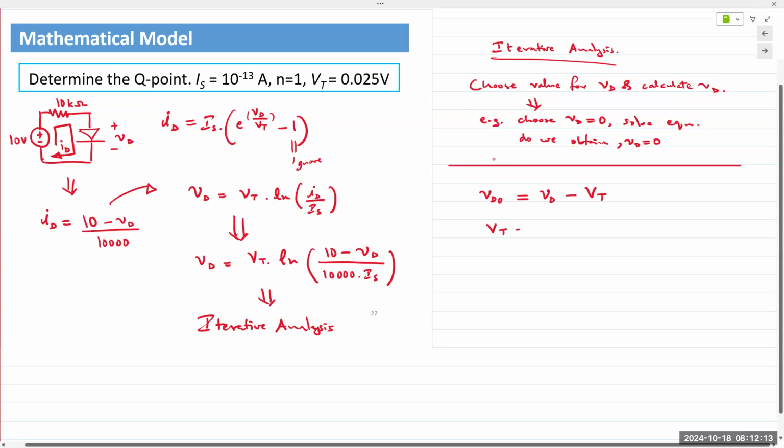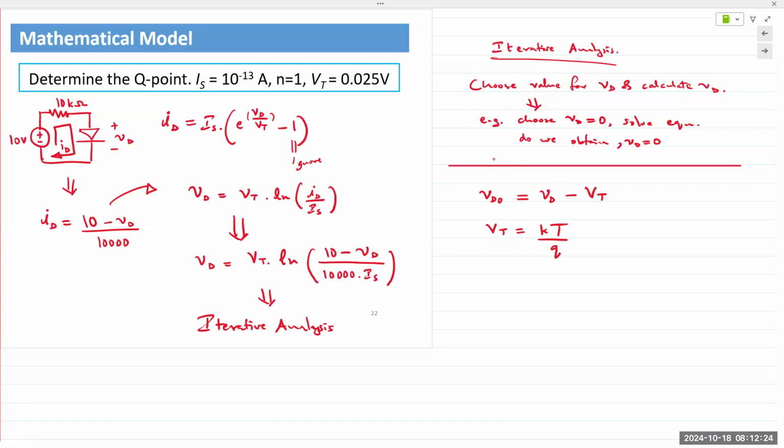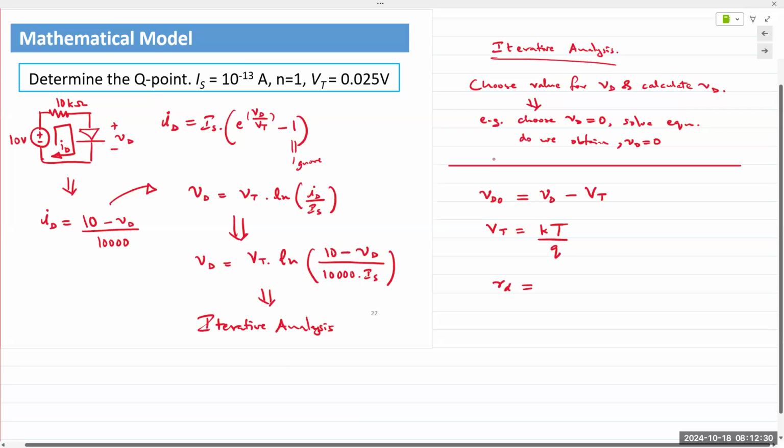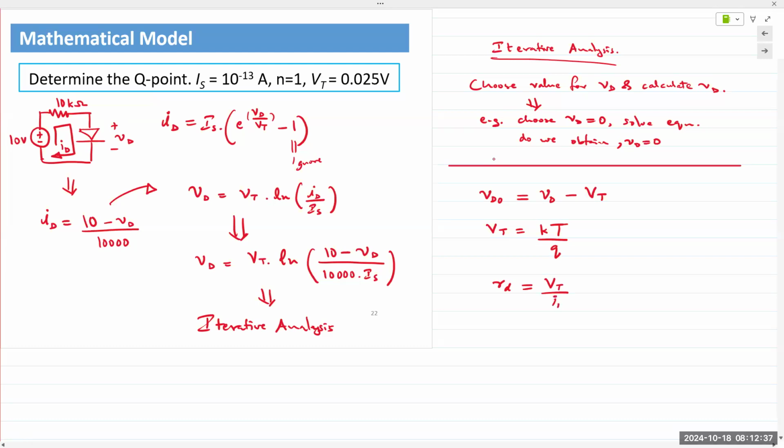VT, of course, is K times T over charge Q. Chapter 2. K is Boltzmann's constant, T is the thermal temperature in Kelvin, and Q is the charge. And then diode resistance RD from Ohm's law, VT over ID.